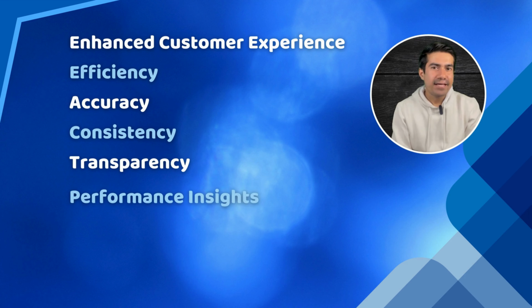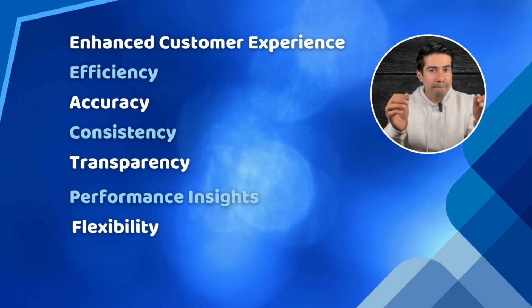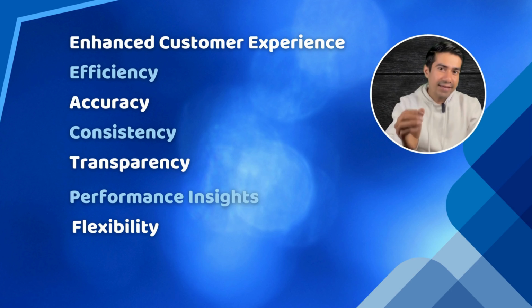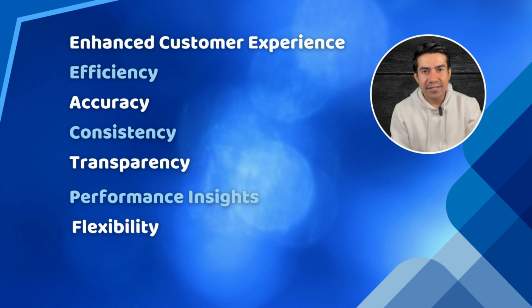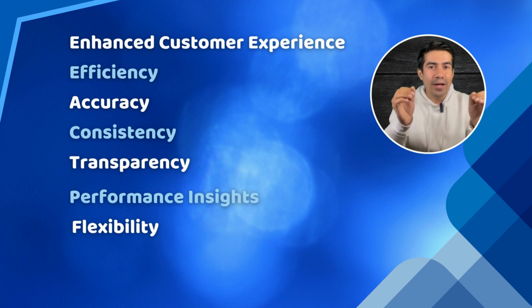Provides insights into process performance, helping managers identify bottlenecks and continuously improve efficiency. Allows process models to be modified without heavy coding. Don't worry, you will see this in a minute as we dive into the hands-on demonstration of automating the loan approval process.